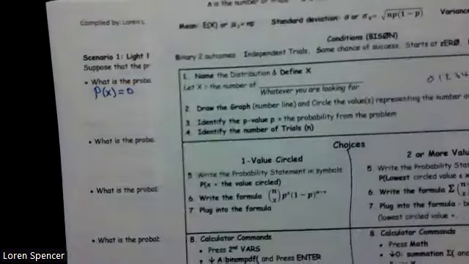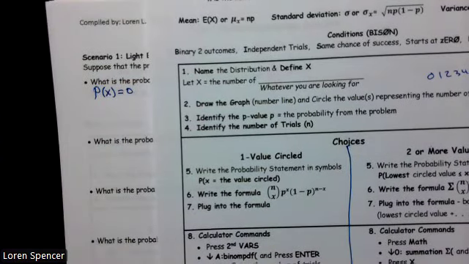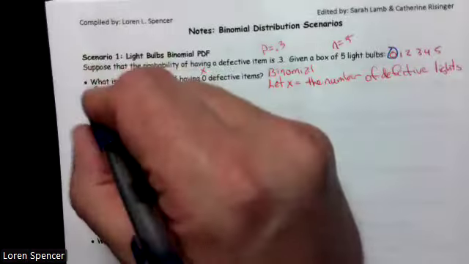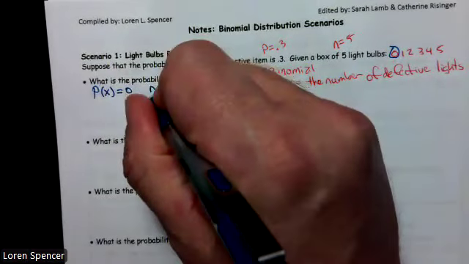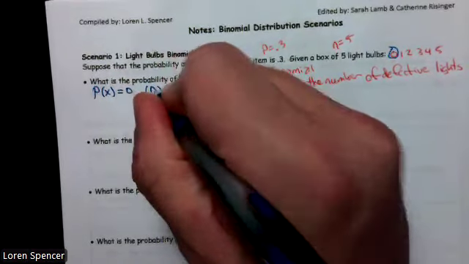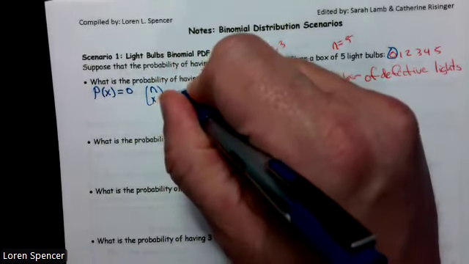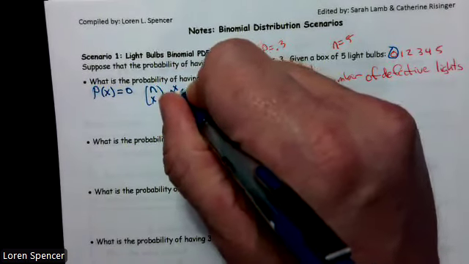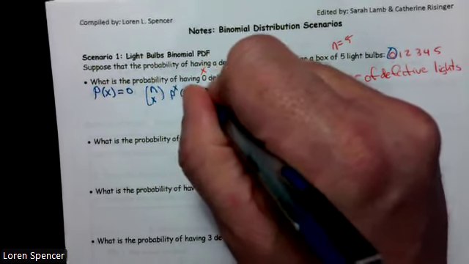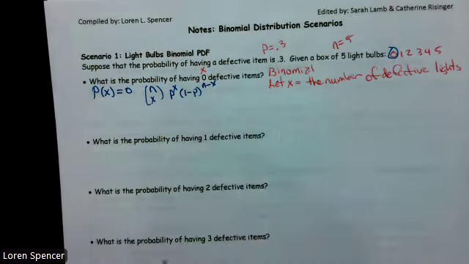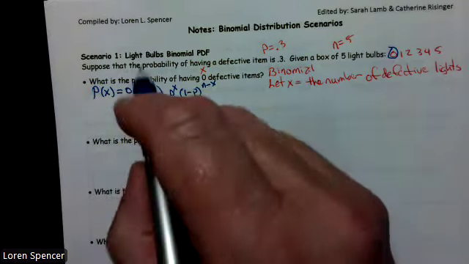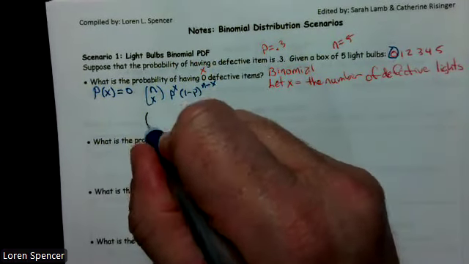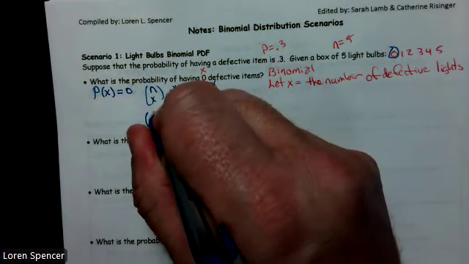All right. The next thing, write the formula. N choose X, times P to the X, times 1 minus P to the N minus X. Well, N is the number of trials, and we said we had 5 trials.